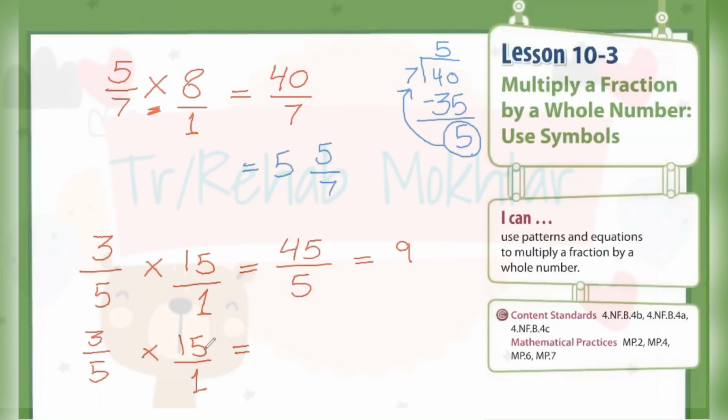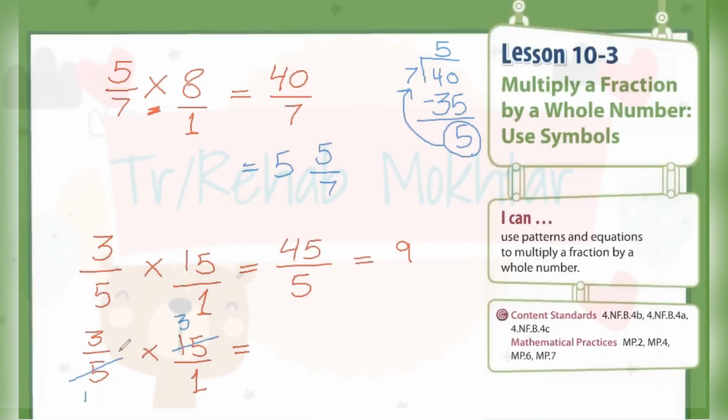No, teacher. What about 15? Is there any common factor between 15 and 1 except 1? No. What about 15 and 5? I can simplify 15 and 5 by dividing by 5. 15 divided by 5 equals 3. 5 divided by 5 equals 1.